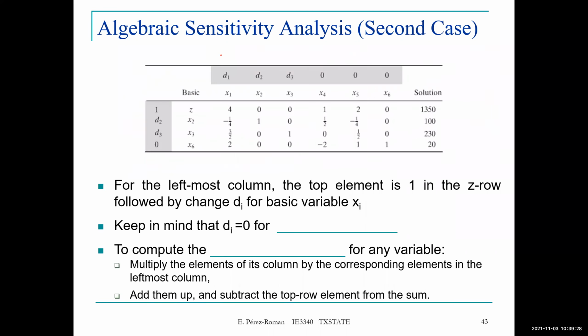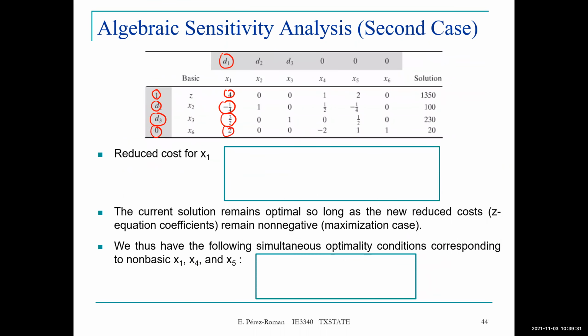So the reduced cost for x1 will be equal to 4 times 1 plus minus 1/4 times D2 plus 3/2 times D3 plus 2 times 0 minus this one.